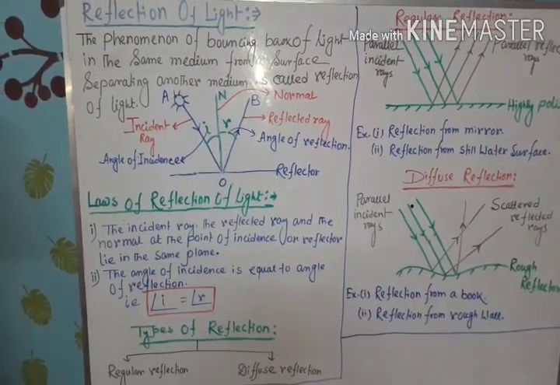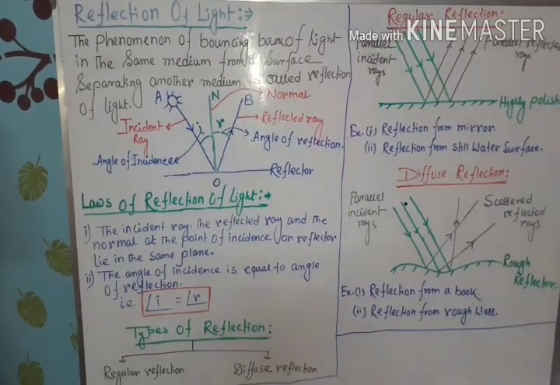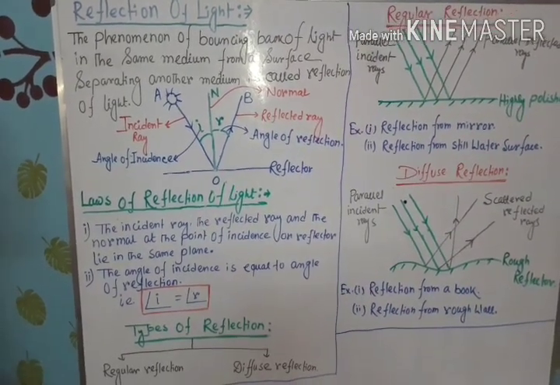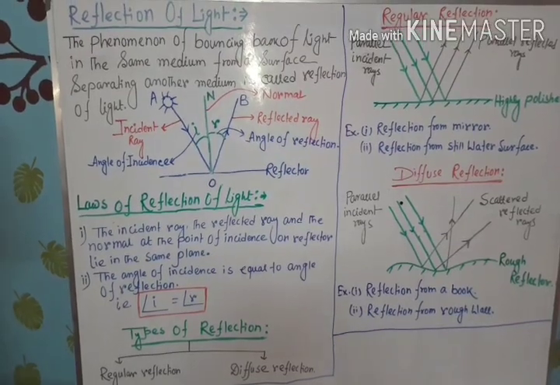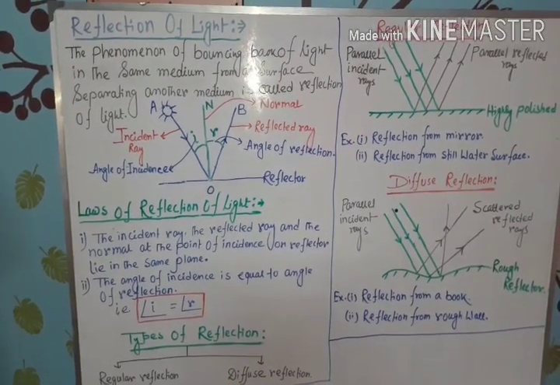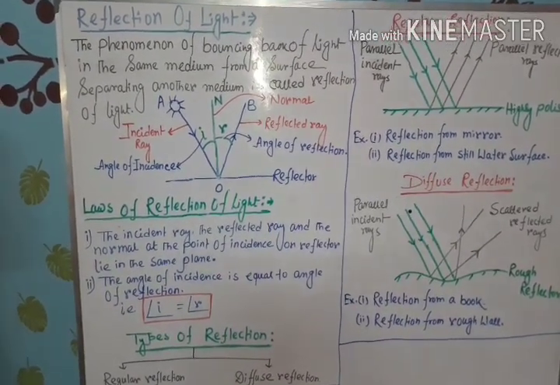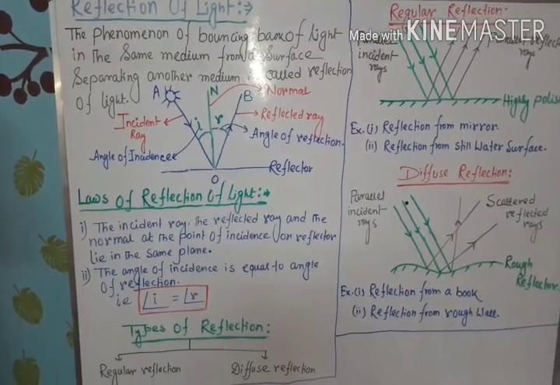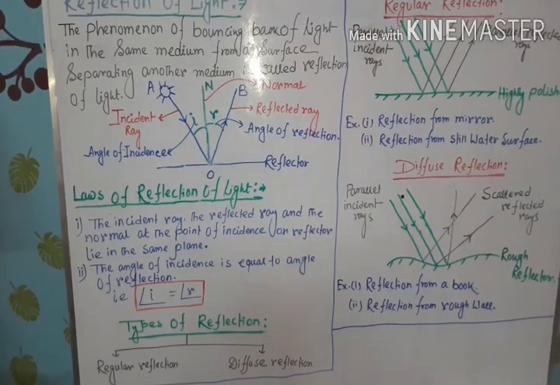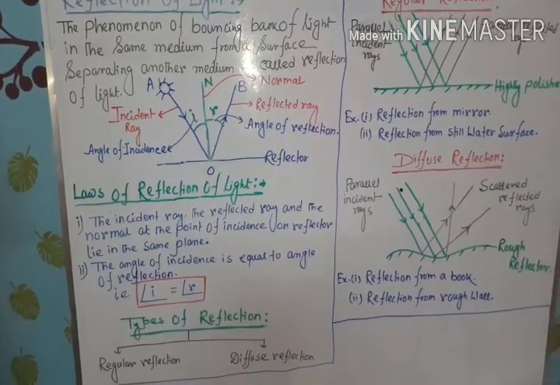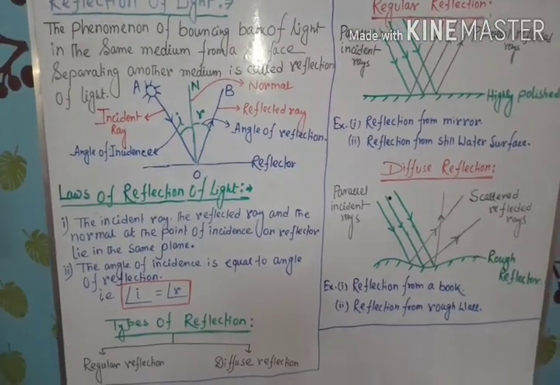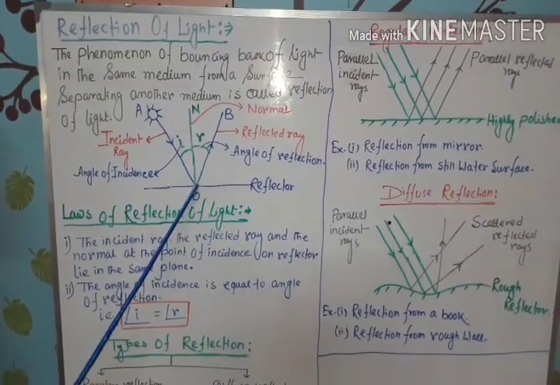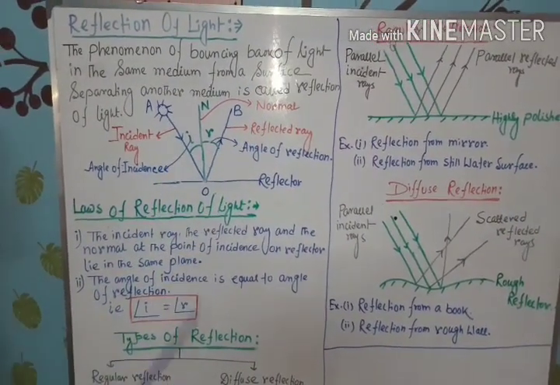The point over the reflector on which the light ray is incident is called the point of incidence. Next, normal. If we draw a perpendicular at the point of incidence on the reflector, that perpendicular is known as normal. So according to this diagram, ON is the normal.